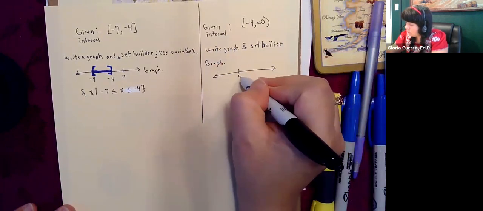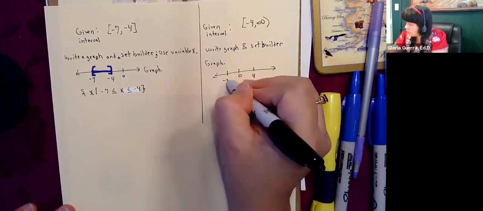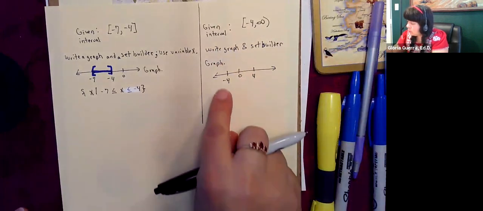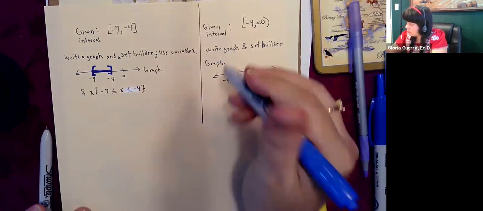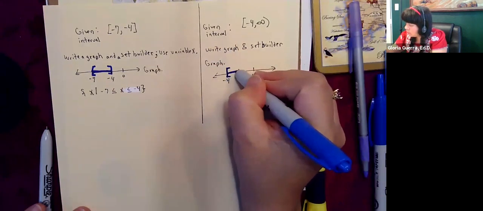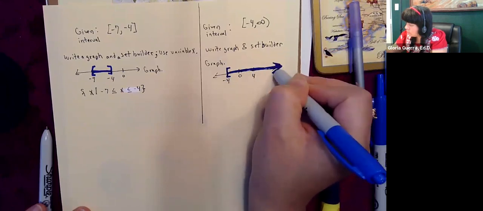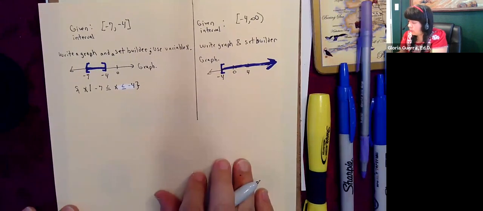So here's 0, here's 4. Oh, it's -4. So -4 is over here. So you have -4 all the way to infinity. So then this would be bracket on -4, and then you're shading all the way to infinity. That's your graph for that.